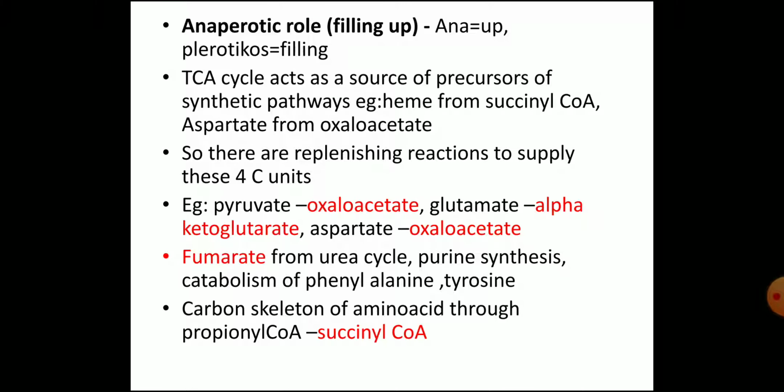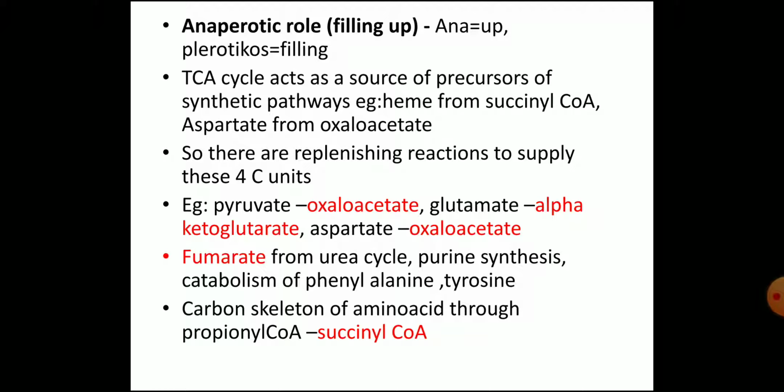Then what is the meaning of anaplerotic role? Anaplerotic role means filling up role. Ana means up, pleroticos means filling. That is the filling up or replenishing role of the TCA cycle. The TCA cycle acts as a source of precursors for the synthetic pathways that we have already explained: heme from succinyl-CoA, aspartate from oxaloacetate.